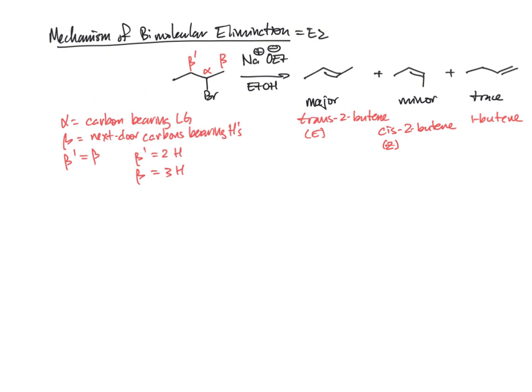So what can we say about this product distribution so far without knowing the mechanism? When you look at these alkenes, what differentiates them? Just observations, looking at them. So the location of the pi bond.